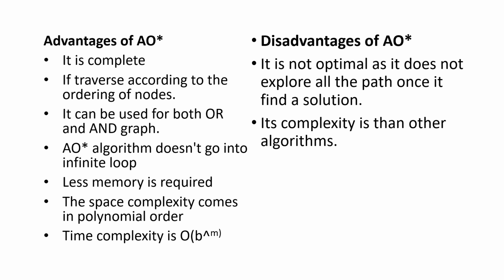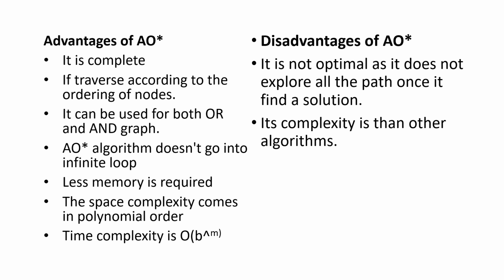This is why it is called an AND-OR graph. In AI, we don't want to explore everything blindly, so we use a heuristic to decide which node looks more promising. Expand the node with the lowest estimated cost, using h of n and g of n. So A star is basically a best-first search algorithm.